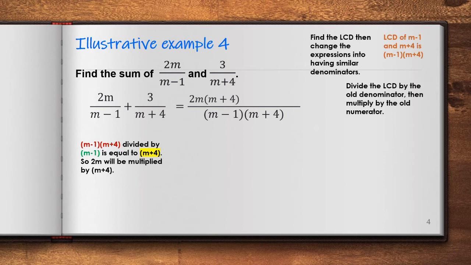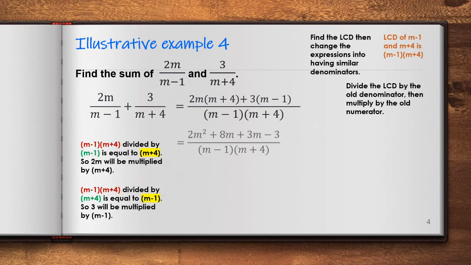Then the LCD divided by the old denominator m + 4 is equal to m − 1. And we will multiply this by 3. There. Simplifying further, 2m times m is 2m², 2m times 4 is 8m, 3 times m is 3m, and 3 times negative 1 is negative 3.